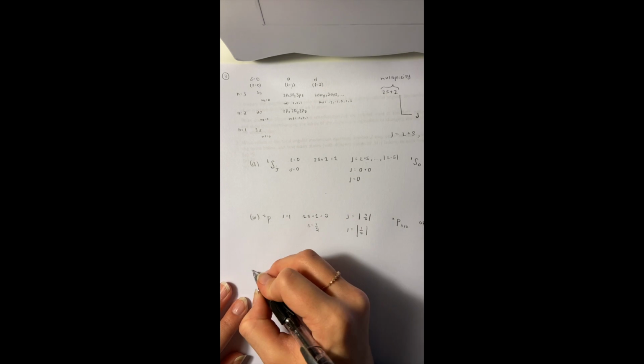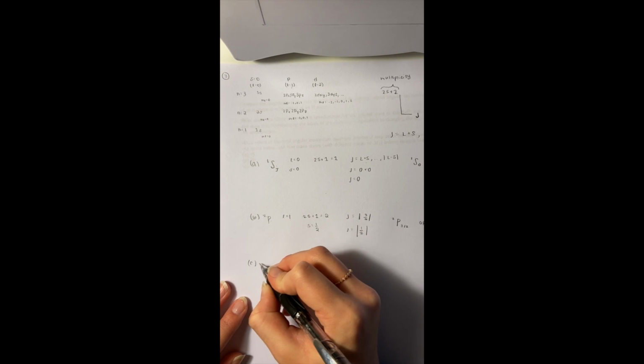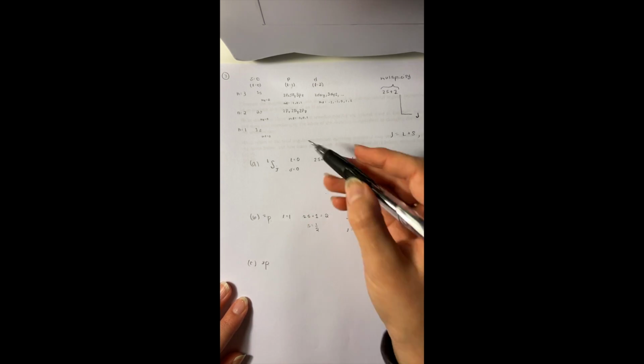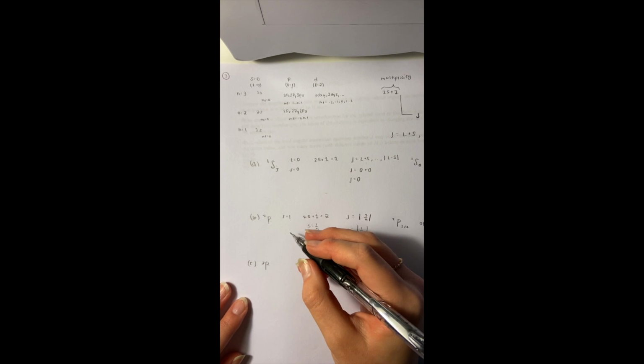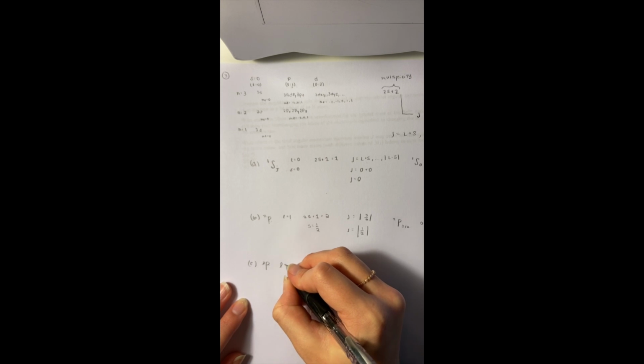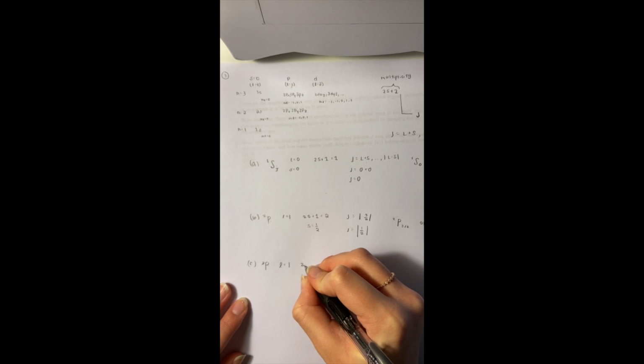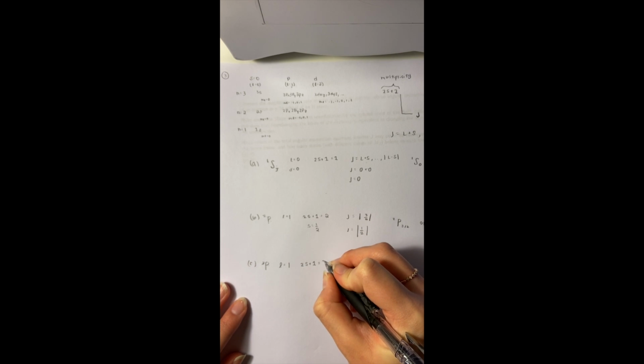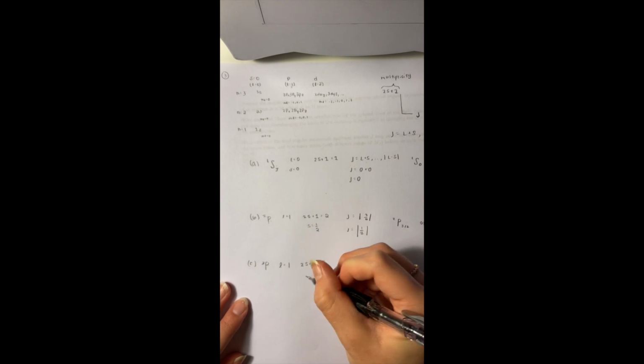Finally, we can move on to C, which is going to be 3p. Again, the P symbol here tells us that our L is going to be 1. So we have L equals 1 again, and our multiplicity, 2S plus 1, in this case, is going to equal 3. So our S value is going to be 1.